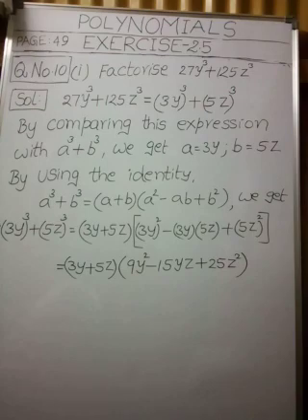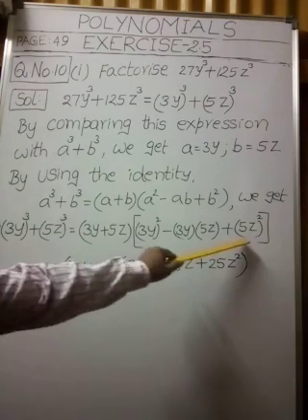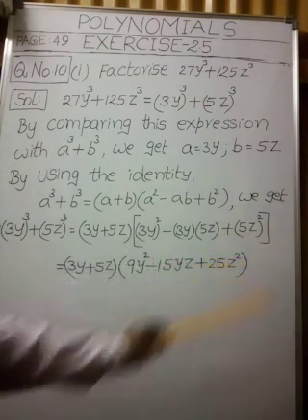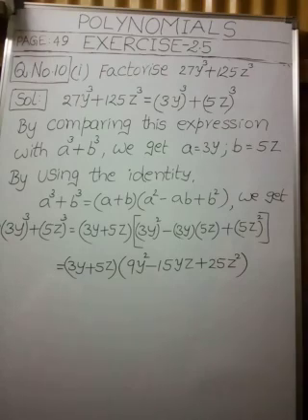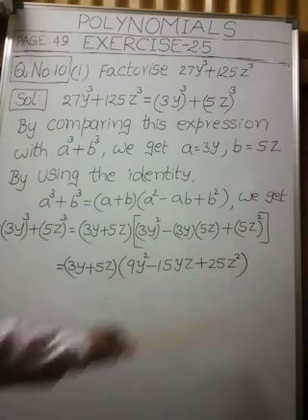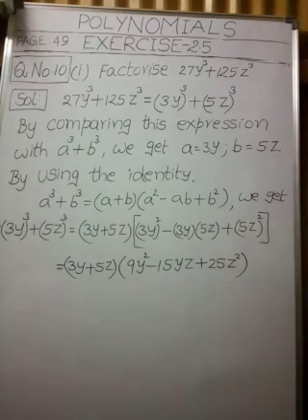And now the third term, 5z whole square. What is meant by 5z whole square? 5z into 5z. 5 5s are 25z square. Understood this third term? Right. So these two are the factors of this algebraic expression. Okay, my dear children? Understood?